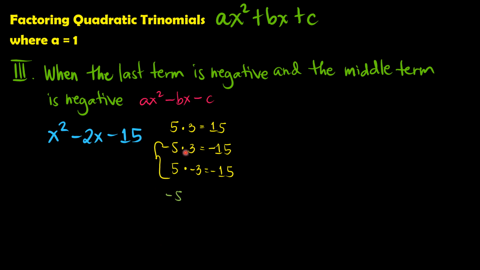So, negative 5 plus 3. At yung isa naman ay 5 plus negative 3. Bakit ito ginamit natin? Kasi silang dalawa yung magbibigay ng possible answer na negative 15. So, ang tanong, sino din sa kanilang dalawa yung magbibigay ng sagot na negative 2?